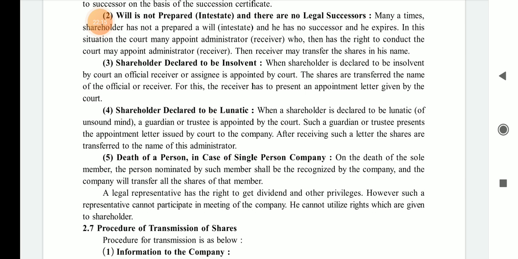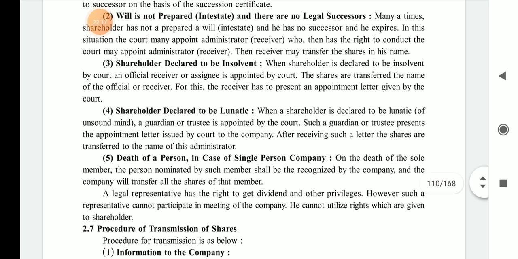At that time, the wife of that lunatic person is known as the trustee. In the first case the person's mother or father is available and can be appointed as guardian. But in the second case, if the mother and father are not available, then the wife or other persons are appointed as trustee.